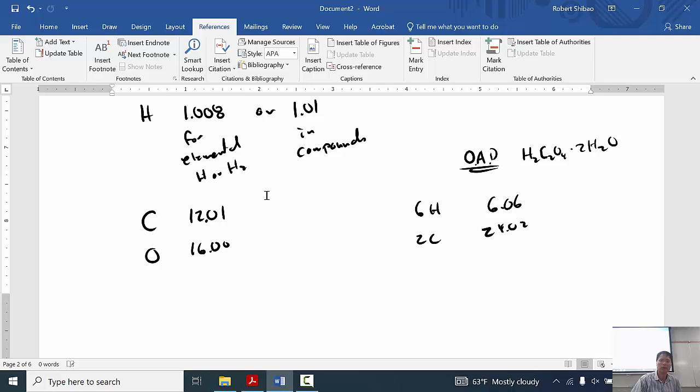How many oxygens? 6 oxygens. There are different ways you could do it. You could do 2 oxygens would be 32, 32 times 3 would be 96. And so this comes out to 126.08.